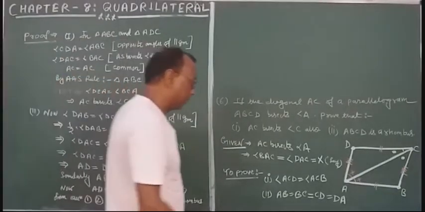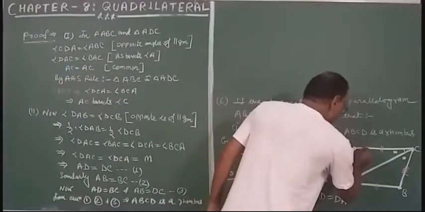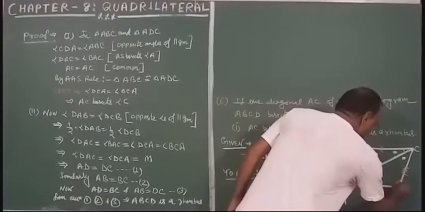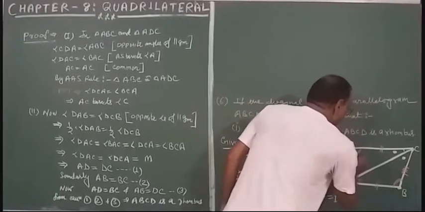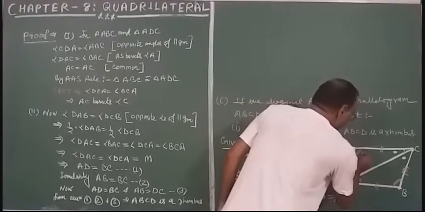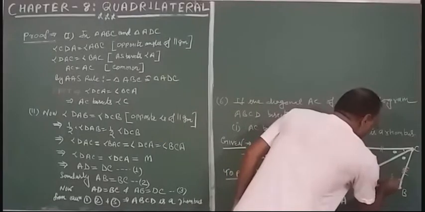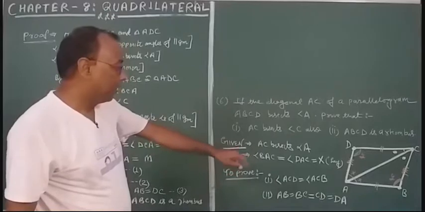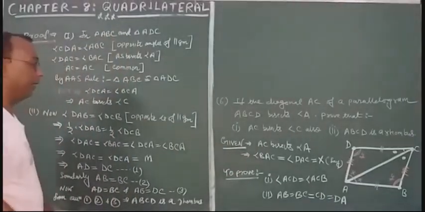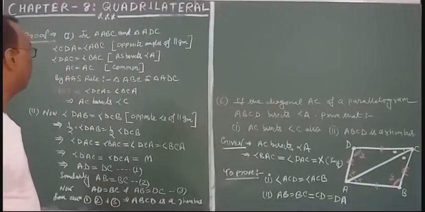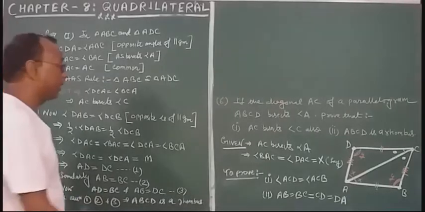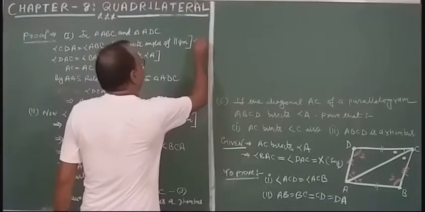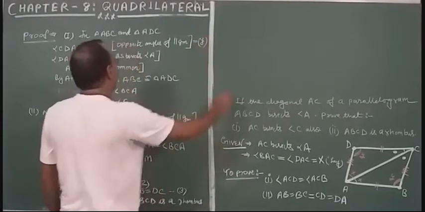This angle and this angle will be equal because they are the opposite angles of a parallelogram. So the first thing: angle CDA is equal to ABC, and we have taken them as Y, for short.